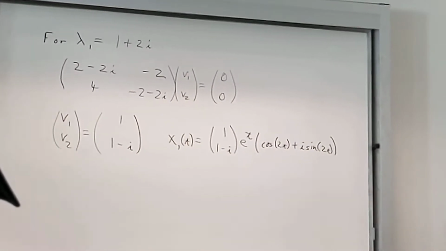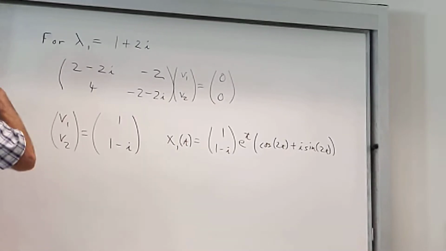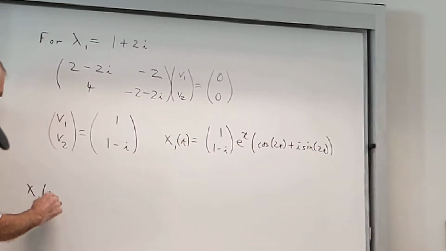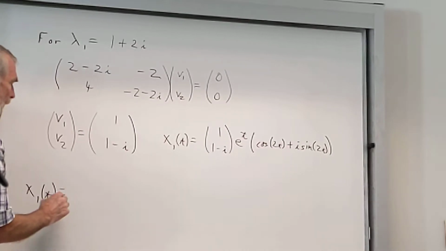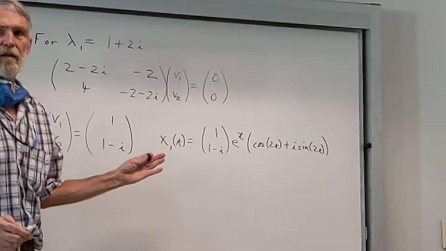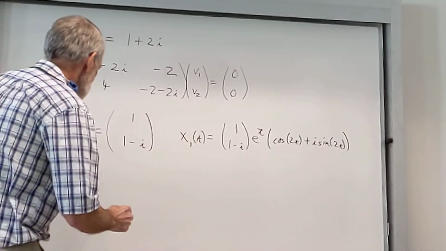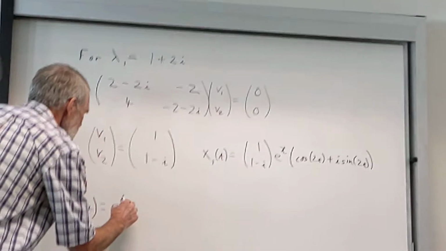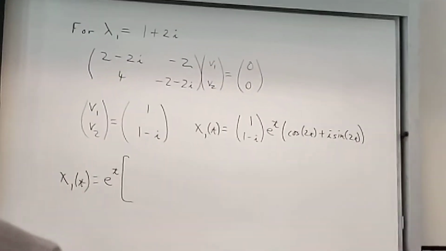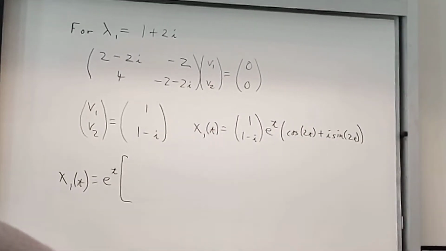All right. So now, let me write this x1 of t. The real part. Okay? First of all, everything's multiplied by e to the t. Everybody agree? Everything's going to be multiplied by e to the t. Now, what are we going to get?